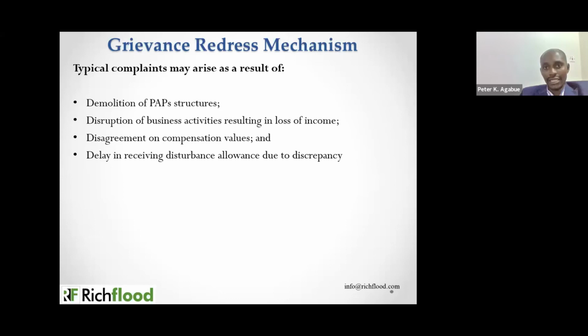So definitely some of these project affected persons may complain concerning some negative impacts on their environment. They may also complain about negative social impacts.